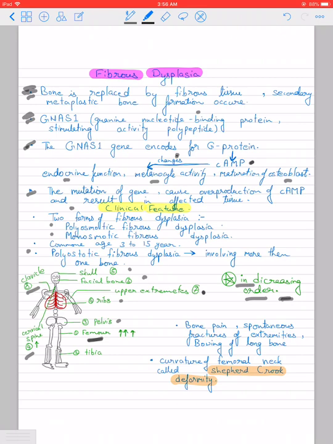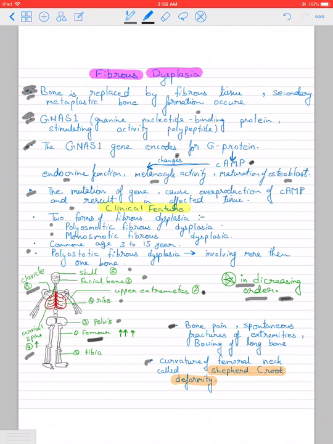These bones are affected. A few more clinical features are bone pain, spontaneous fracture of extremities and bowing of long bones. Another is curvature of the femoral neck called Shepherd's crook.